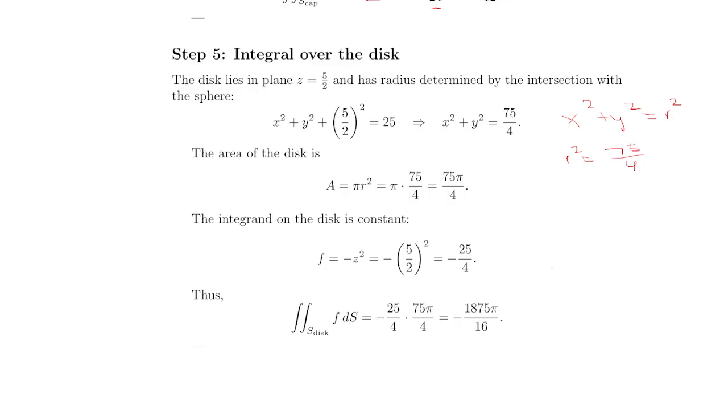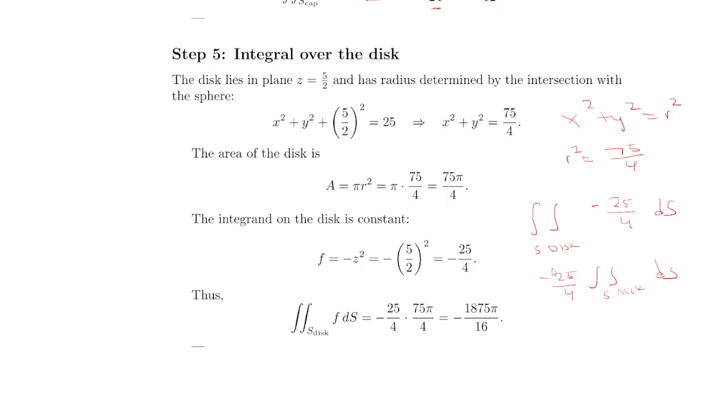We can multiply then the area of the disk with our function, because we basically have a constant. This is what's going on. We have the surface as a disk, and inside we have f, which is negative 25 over 4. And so we can factor out the negative 25 over 4, double integral over the surface of a disk.